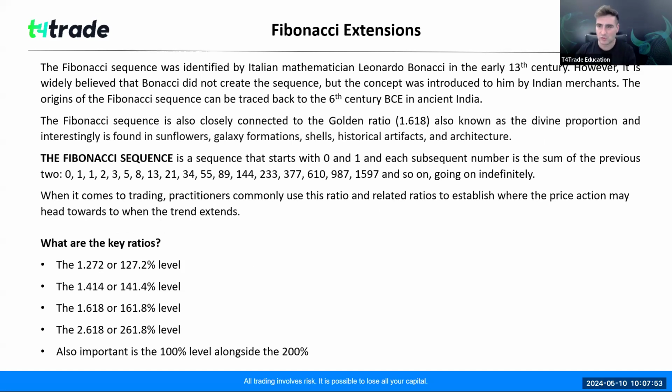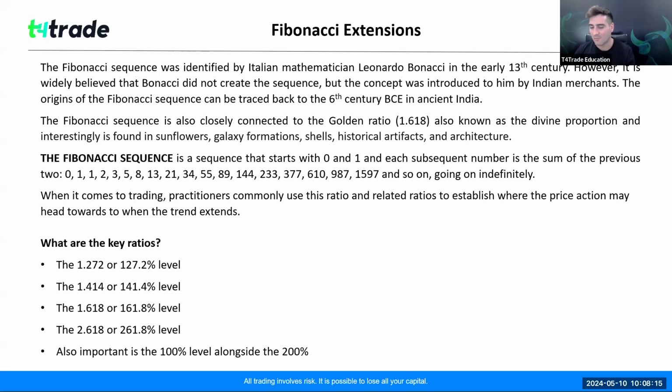The origins of the Fibonacci sequence can be traced back to the 6th century BCE in ancient India, and the sequence is connected to what we call the golden ratio, which is 1.618, also known as the divine proportion.